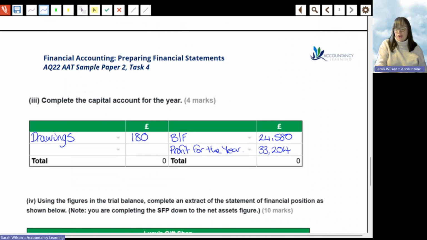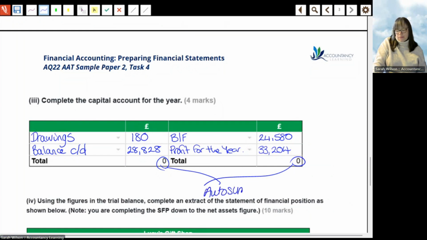And then we just need to balance it off to do our balance carried down. And then these two will also sum in the exam, and they will be at a 57,784 total.